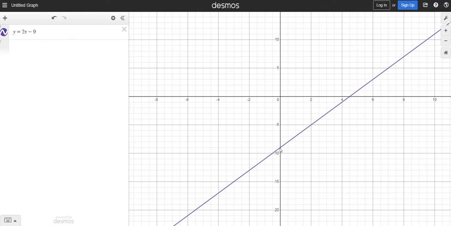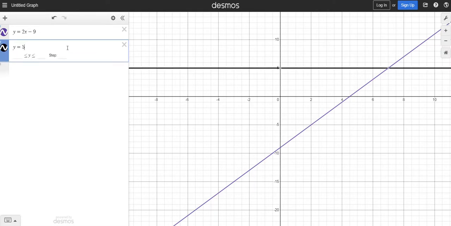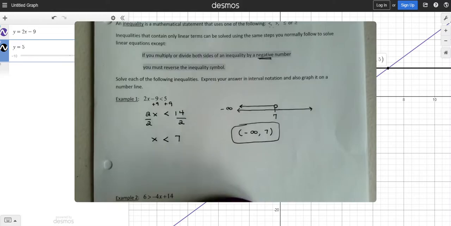The inequality said less than 5. If I just add the y equals 5 line to my graph, the intersection point right here is (7, 5). And notice that my 2x minus 9 line is less than 5 up until I get to 7. So for all x values up until 7, 2x minus 9 is less than 5. That's exactly the solution that I came up with algebraically.